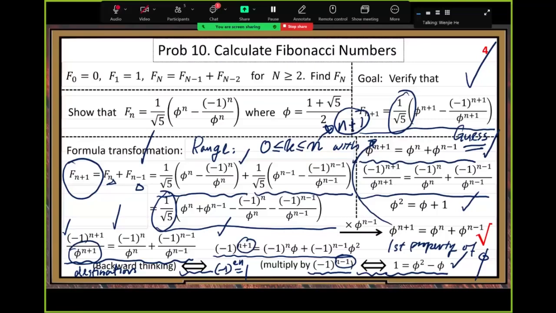So that's the mathematical induction. I wanted to show you the power of mathematical induction. So we finished this topic.